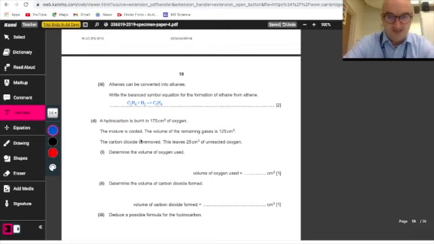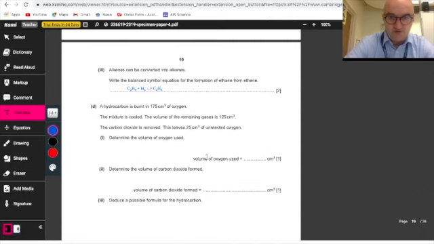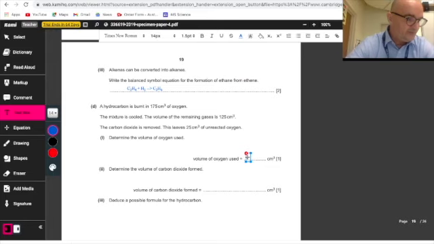The volume of the remaining gases is 125, so that's 50, I think there, isn't it? The carbon dioxide is removed. This leaves 25 cm cubed of unreacted oxygen. Determine the volume of oxygen used. Well, how can you get the volume of oxygen? So that's 175, 125, 50, so it's 50 away from there, and it's going to be 25, 175.